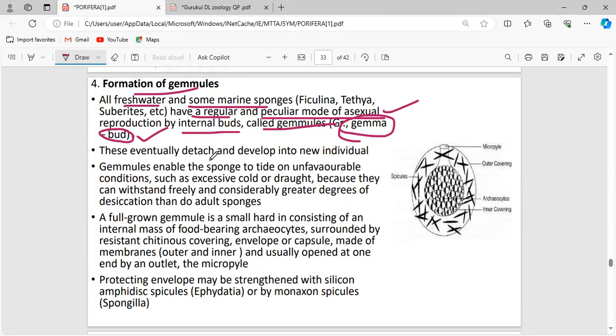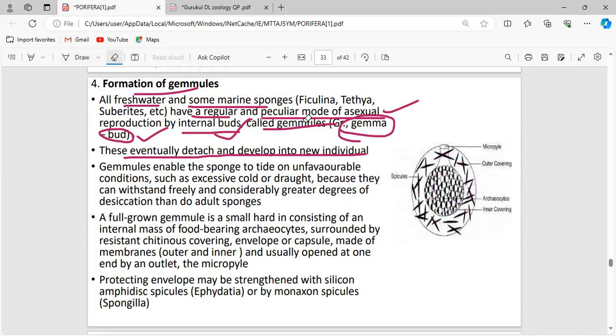Okay, see, the same thing as budding. Eventually these detach and develop into a new individual. See, they have a regular and peculiar mode of reproduction by internal buds. These are the internal buds. They are covered by a covering, and between these are the mesenchymal cells. There, the spicules will be present, and after that, it is covered by the pinacocytes.